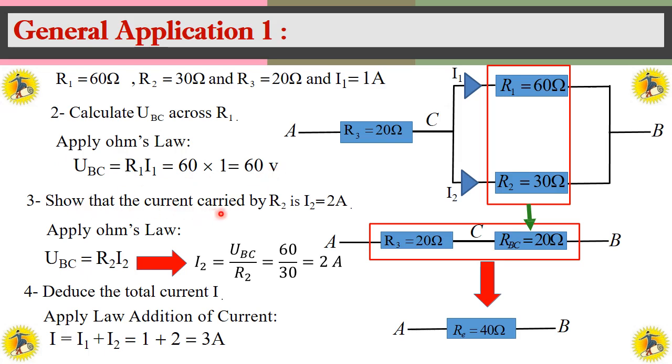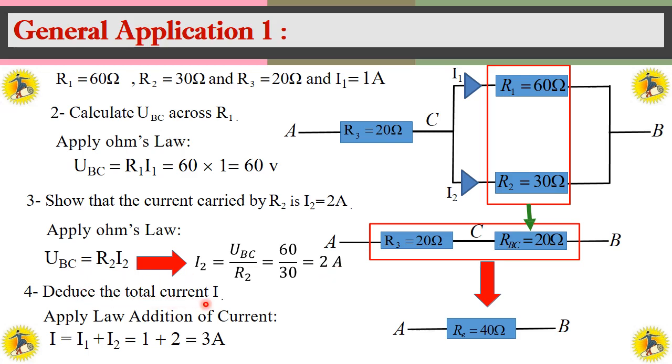Now show that the current carried by R2 is I2 equal to... Here R1 and R2 are in parallel, so the voltage of R1 is the same as the voltage of R2. Now I have the resistor R2 and the voltage, so I can find the current by Ohm's law: I2 equals UBC over R2, and I get 2 amperes.